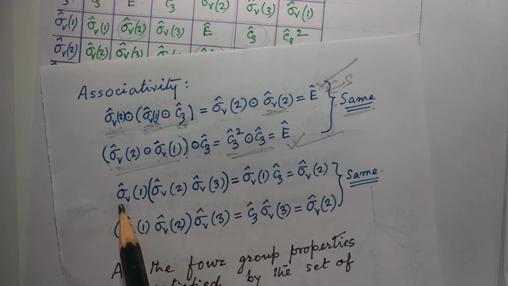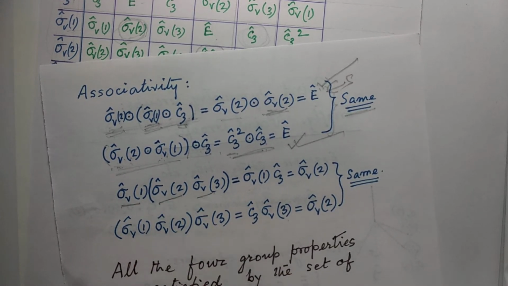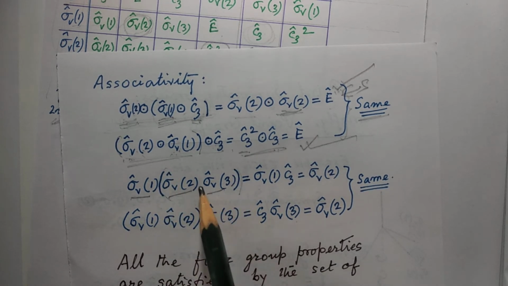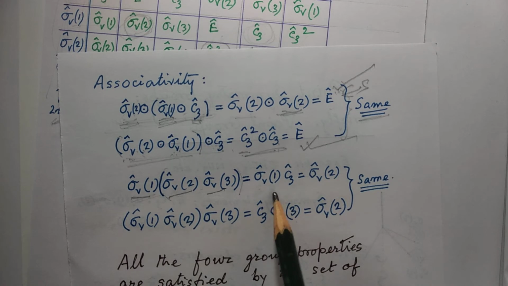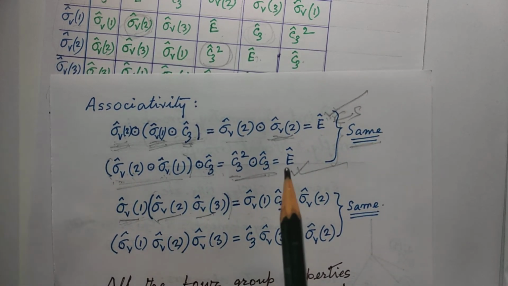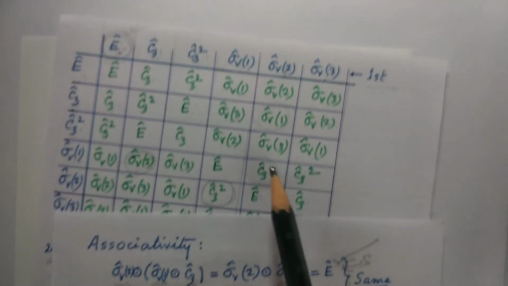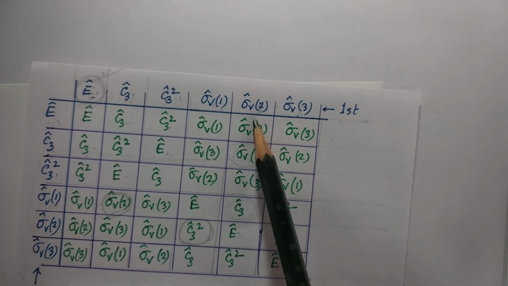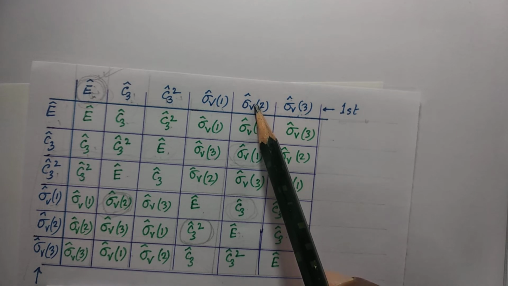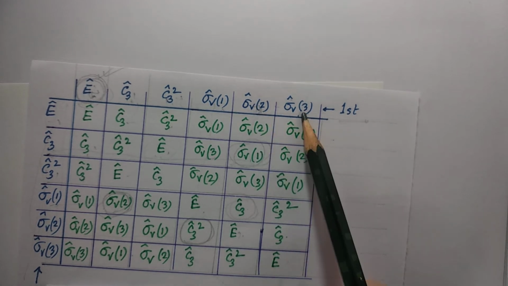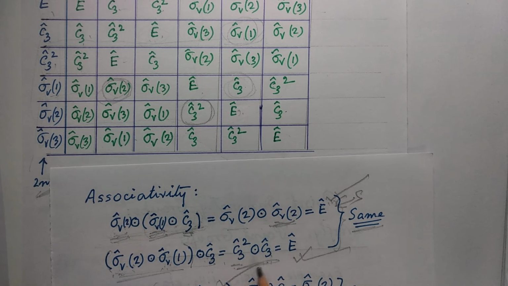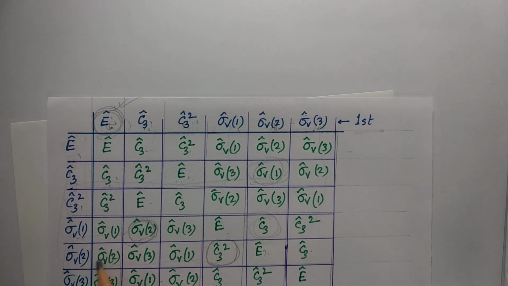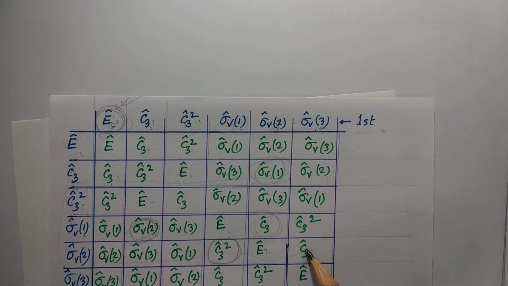Similarly, if we take sigma v1, sigma v2, sigma v3, combine these two first and then the result with sigma v1, the result is this. Sigma v2 followed by sigma v3 followed by sigma v2.